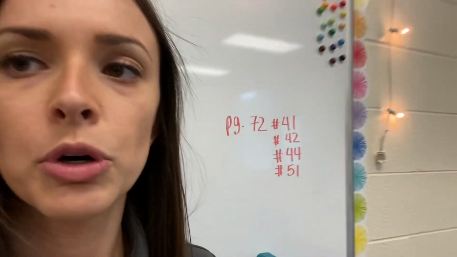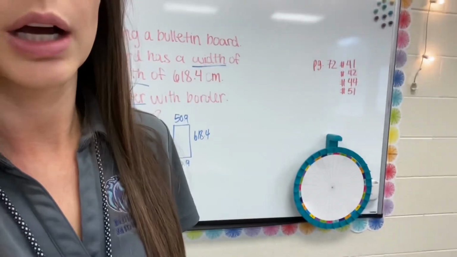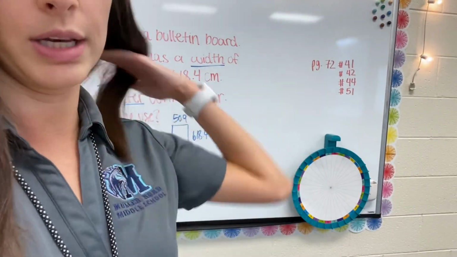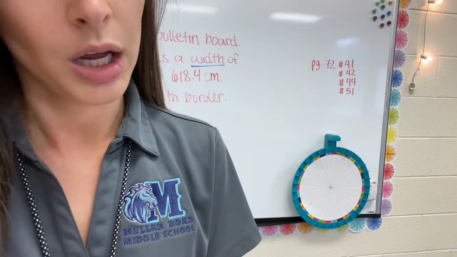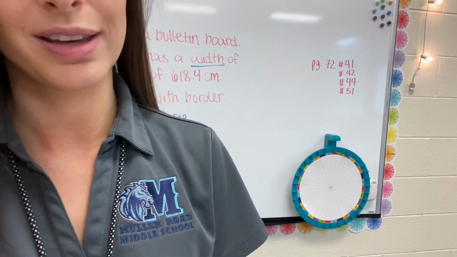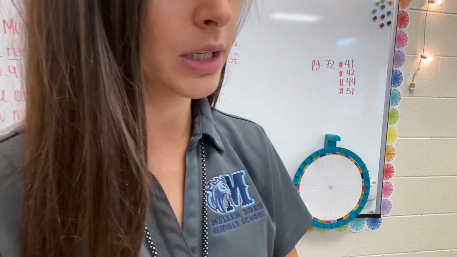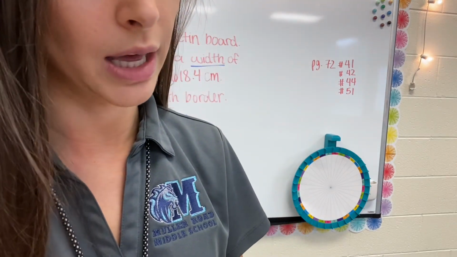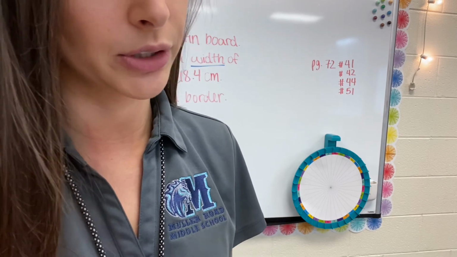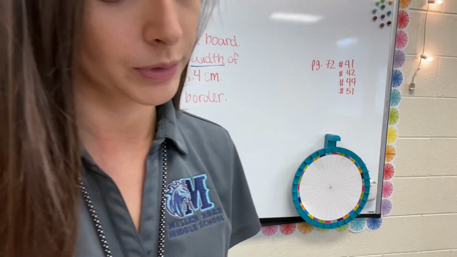All right, so at this point, you should have solved all of those 4 problems. On page 72, number 41, that is correct. On page 72, number 42, the subtraction is not correct. If you look in the hundredths place, you see that they did not place their 0 there, and that is probably what caused them to get that one incorrect.